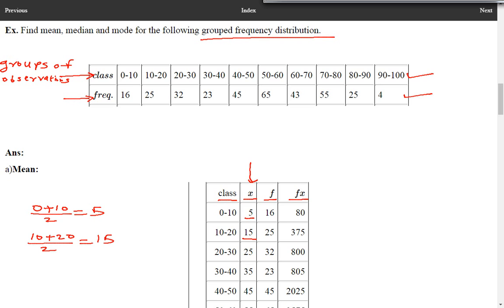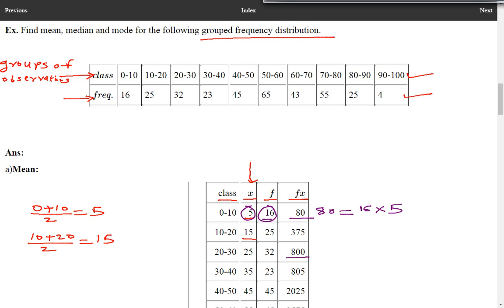Frequencies are given. Now how is this 80 obtained? Let us see. 80 is equal to 5 into 16. It is fx, or you may say 16 into 5. Then how is this 800 obtained? 80 was the product of 16 and 5.